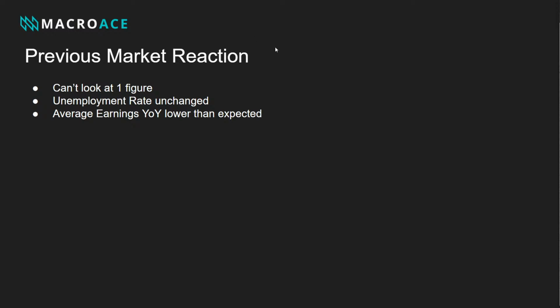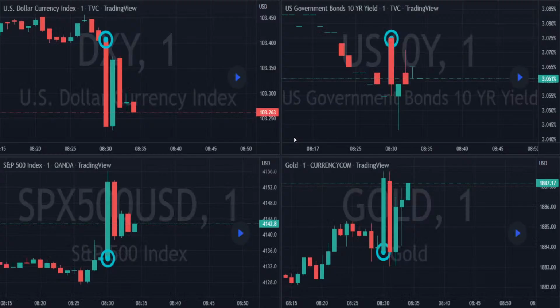To that end, if I show you the market reaction, just a quick snapshot, you saw the S&P 500 shoot up, the dollar shoot down, and US government 10-year yields also saw a decline.